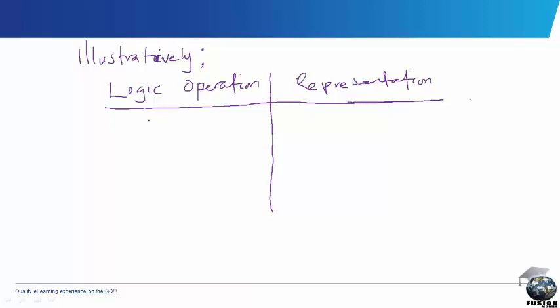Alright, if you want to say not X, the not X statement, we can use the flow to denote that. We can also say X and Y, and we can use the inverted cap to denote that.